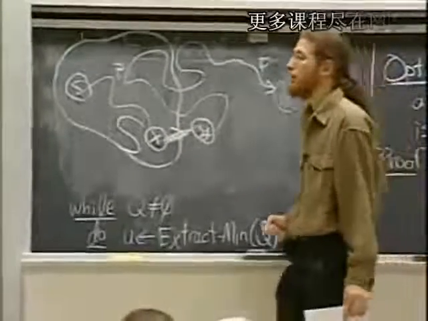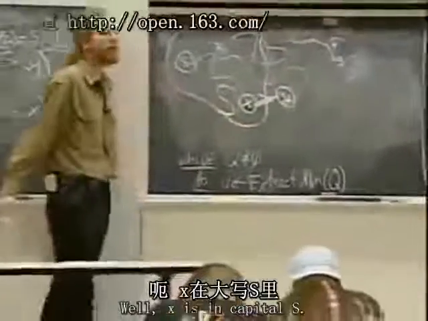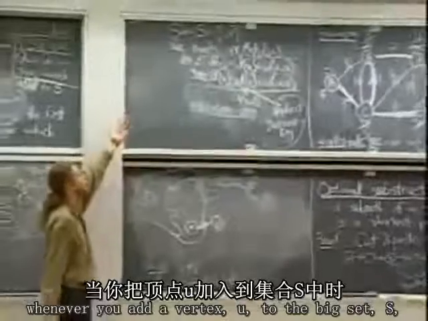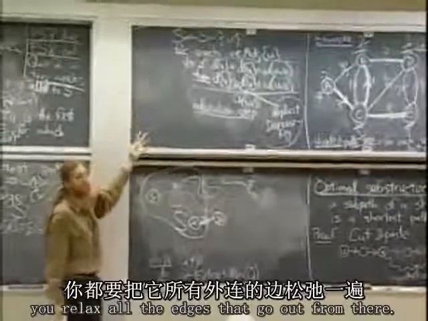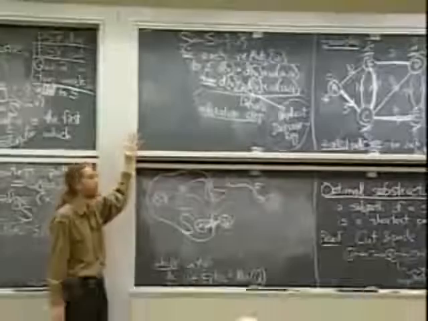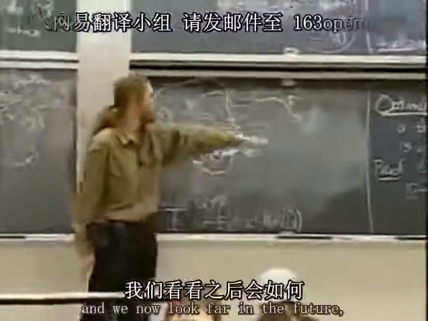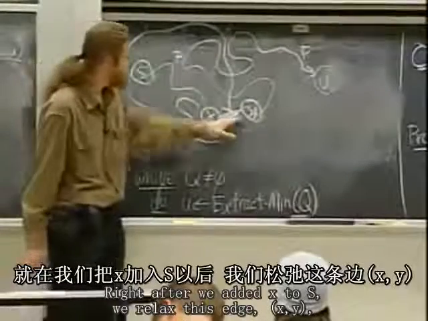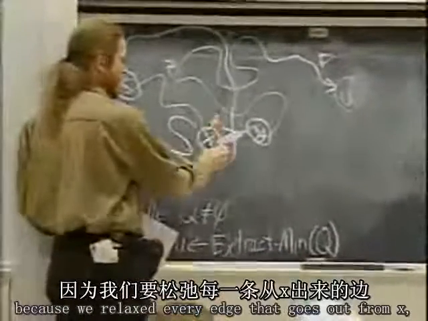Now, I want to think about relaxing this edge xy. Well, X is in capital S. And the algorithm says whenever you add a vertex u to the big set S, you relax all the edges that go out from there. So when we added x to S, and we're now far in the future, about to add some other vertex, right after we added x to S, we relaxed this edge xy, because we relaxed every edge that goes out from x.